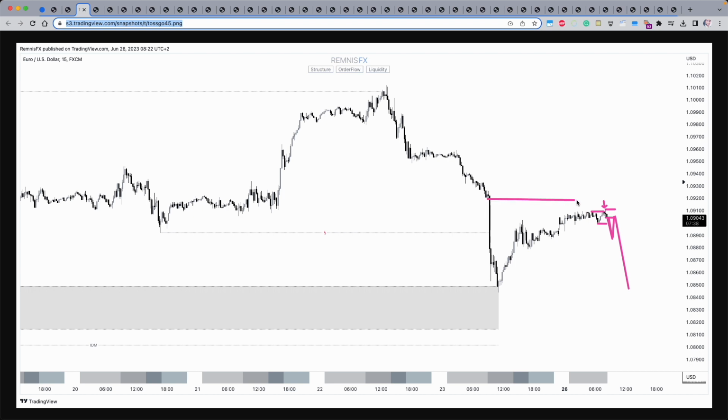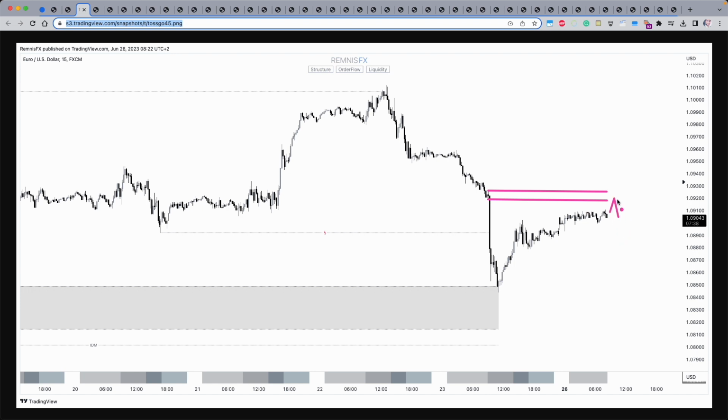Because then everyone who is waiting to be triggered will be left behind, as in their positions will not be triggered. But there's another scenario I was looking at potentially, though my main focus still lies on the fact that everyone has their pending orders waiting here, or is looking for sells here.